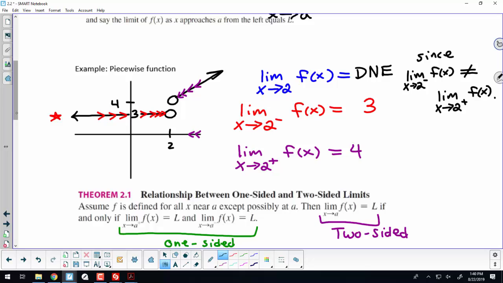So the limit as x approaches 1 from the left exists, but it does not exist as x approaches 1 from the right? Okay, for this graph right here, let's look at that.